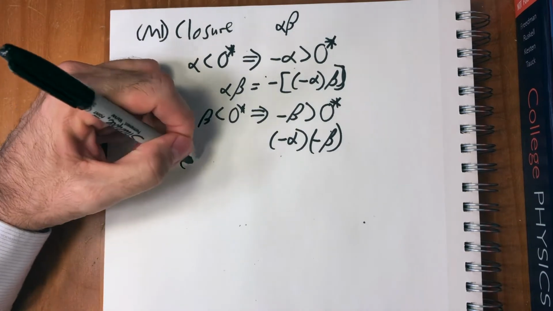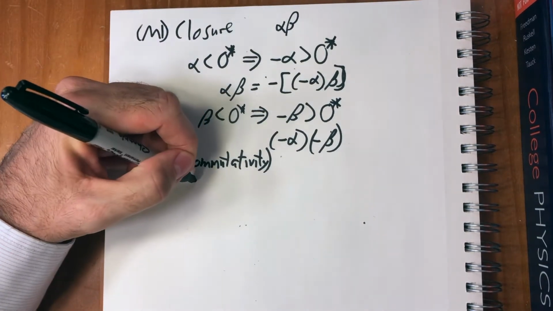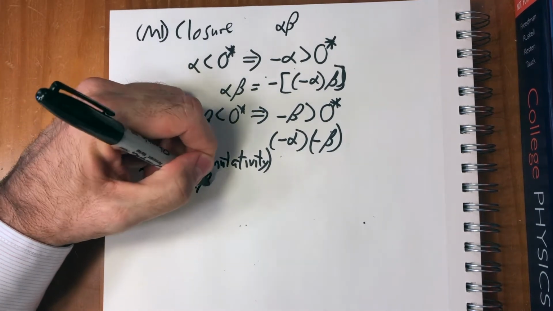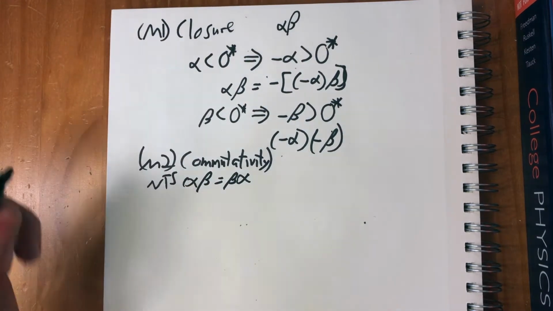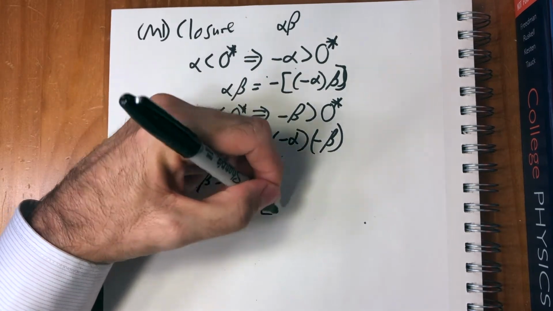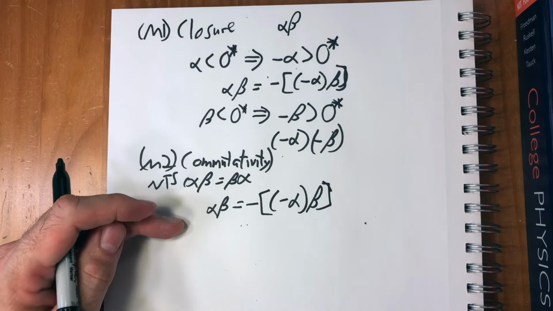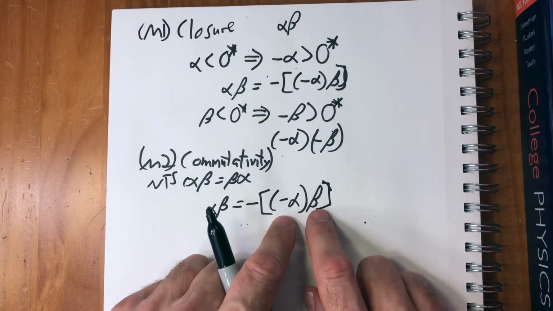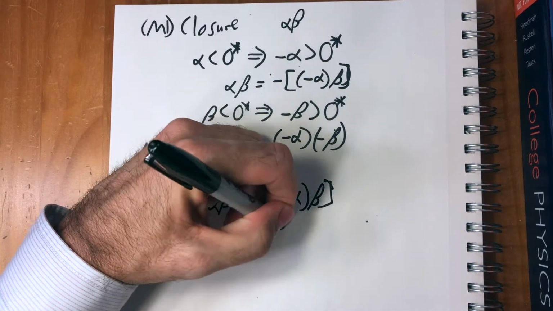So M2 is commutativity. Again, this is also very obvious. We just need to show that alpha beta equals beta alpha. Well, say that alpha is negative. That means that alpha beta equals minus alpha times beta. That's the definition. And then these are both positive. We know, again, with positive multiplication that this is commutative, so we can just rewrite that as minus beta alpha.